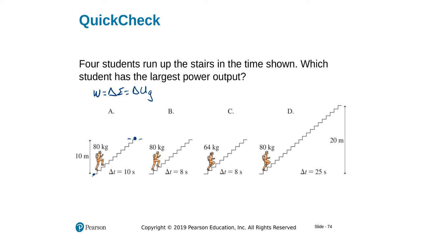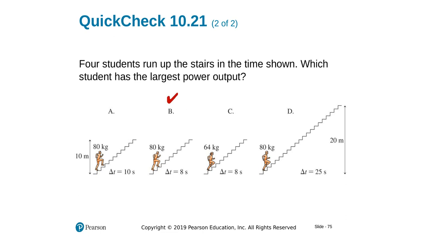And we're going to say power is equal to that work done divided by the time it takes to find who is the most powerful. And again we're going to replace the work by change in potential energy, which will be equal to mgh, and divide those by times given for each person to find who is more powerful. Go ahead and do that. You'll find B is the correct option here.